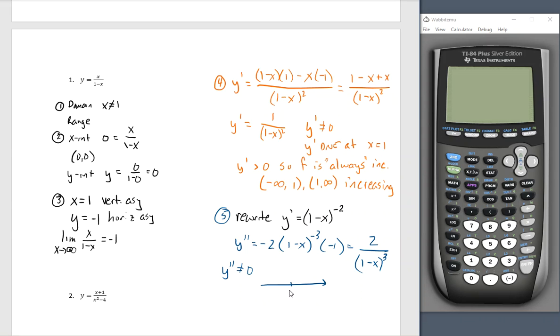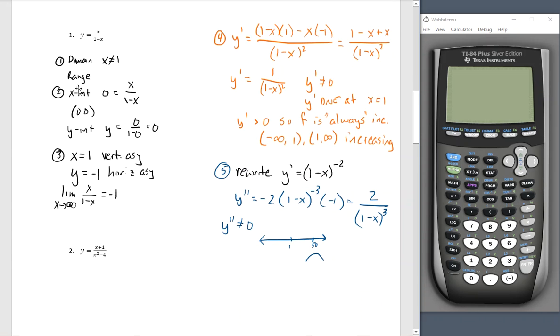We could test this here at 1. Because notice, this numerator is always positive. If I pick a number bigger than 1, say 50, 1 minus 50 is negative. A negative number cubed is negative, and so I know my second derivative is negative here, and so it's concave down.